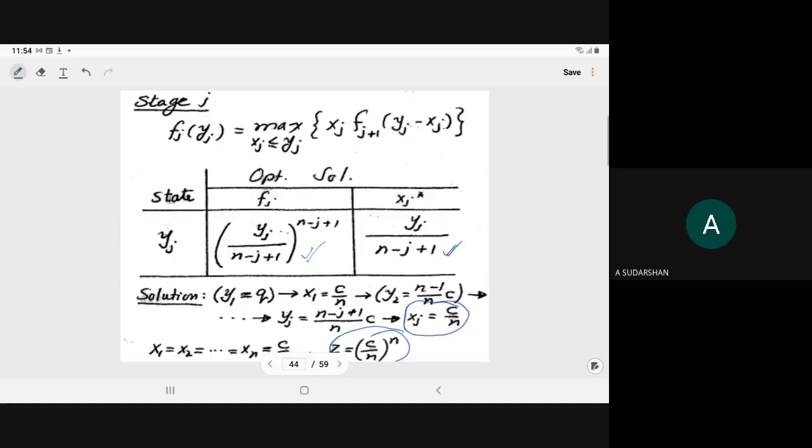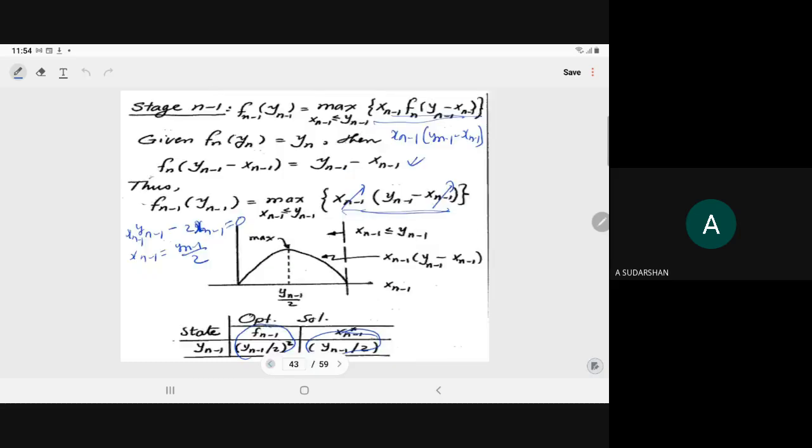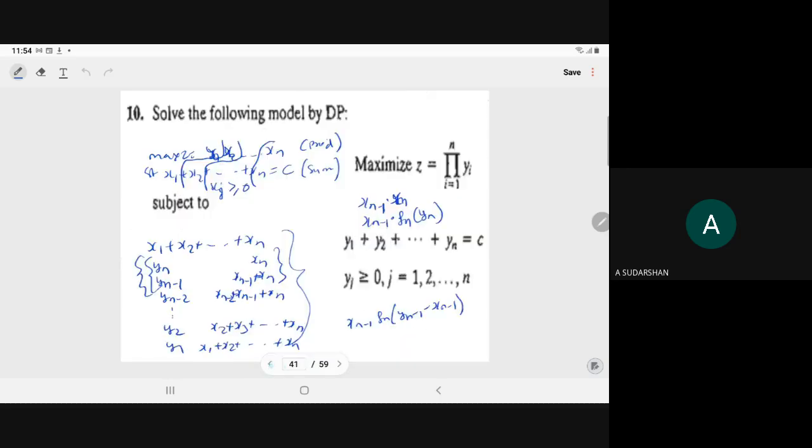Excuse me, sir. Yes. Sir, here fj of yj would be xj times fj plus 1 of yj minus xj plus 1, right? Here you are asking, it is fj plus 1 of yj plus 1, and what is... Here we have yj and yj plus 1.